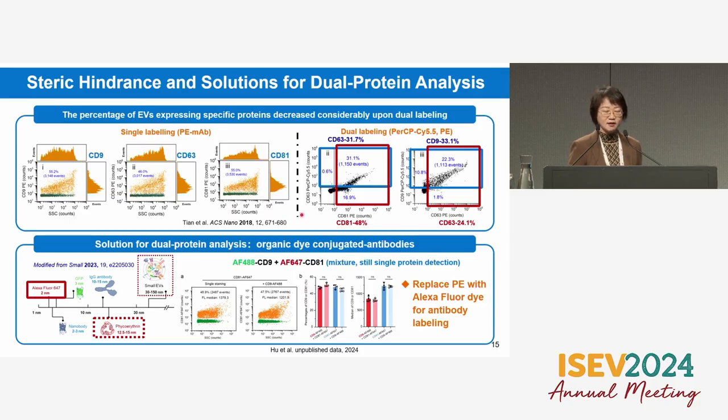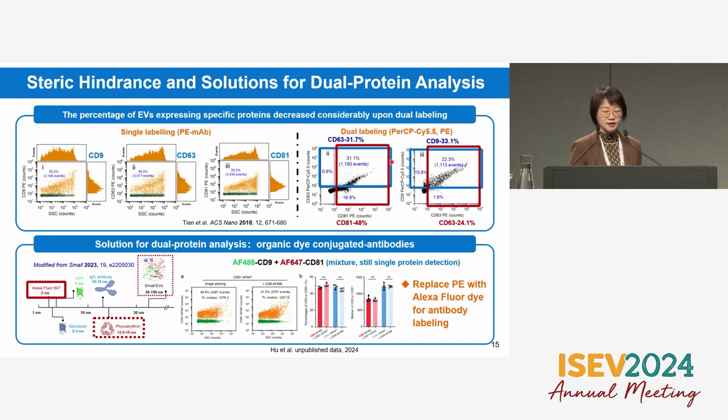And we can see here, if we use PerCP-Cy5 along with phycoerythrin to label the two proteins, when you do double labeling, the percentage of specific protein positive EVs, the ratio, dropped.